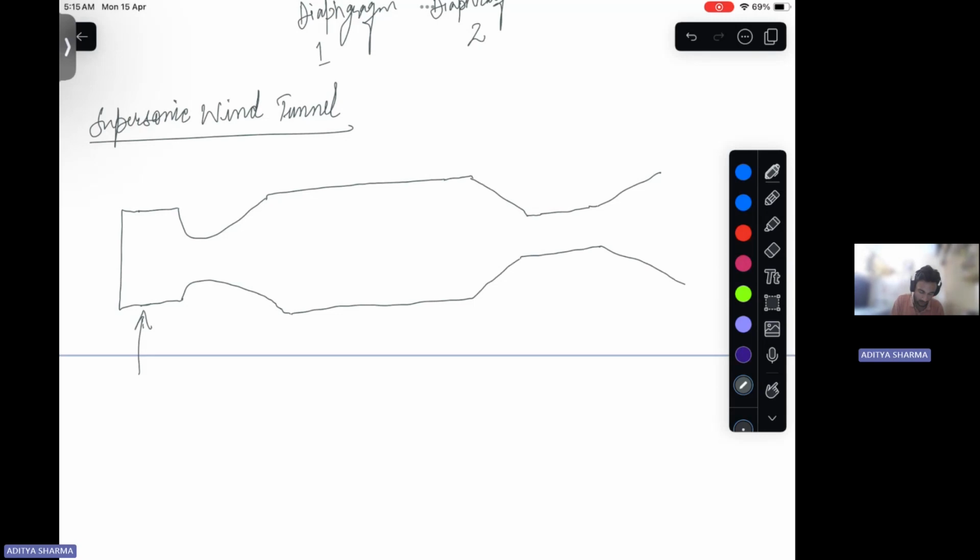This is our reservoir. This is our CD nozzle. This is our test section. This is our diffuser.